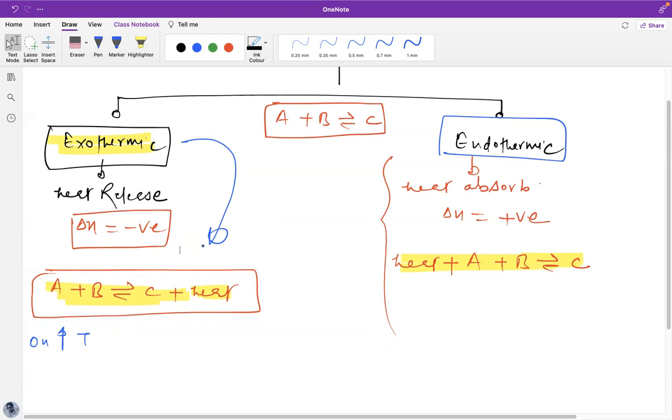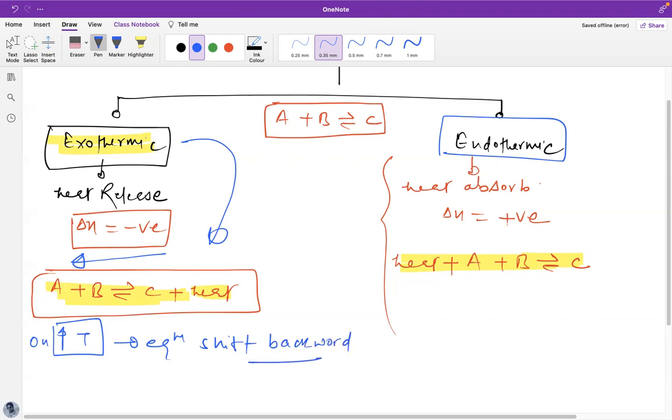Any doubt about this? Because heat is present on the product side, the product has high heat. So the lower heat is on the reactant side. If you want to balance this, equilibrium will shift in the backward direction. Make sense? So on increasing temperature, equilibrium shifts backward.